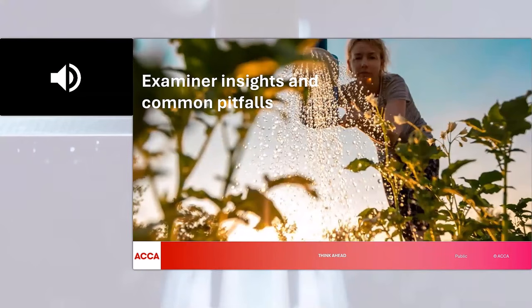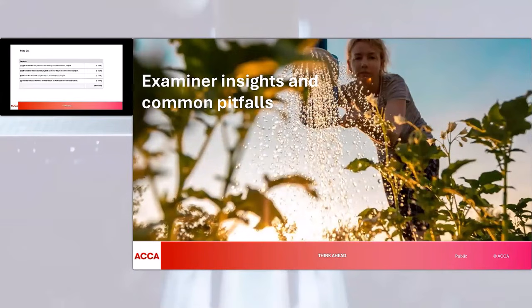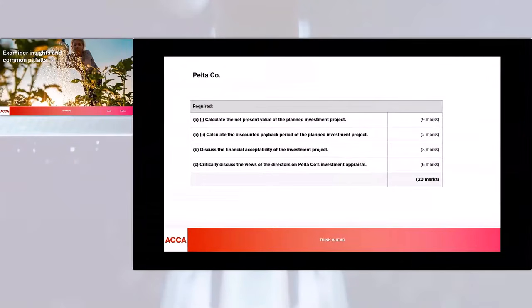Now this Pelta Company has a couple of requirements. It's a 20-mark question. In that question, we've got NPV for 9 marks, discounted payback period for 2 marks, discussion of the financial acceptability of the investment project for 3 marks, and critically discuss the view of the directors on Pelta Company's investment appraisal. Now we're going to go through how the marker is going to think, what is going to run through the marker's mind.